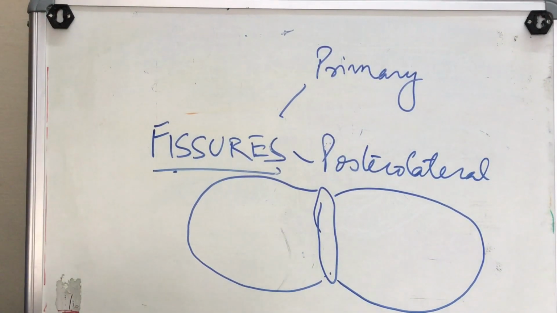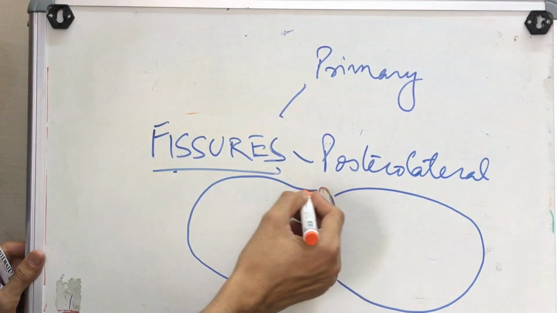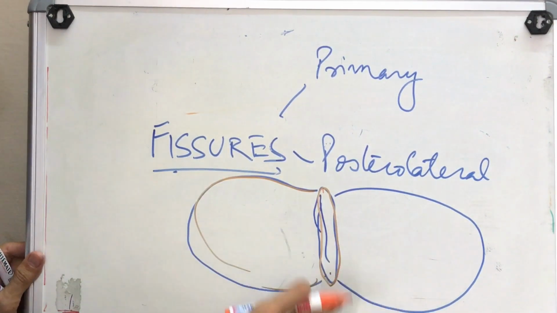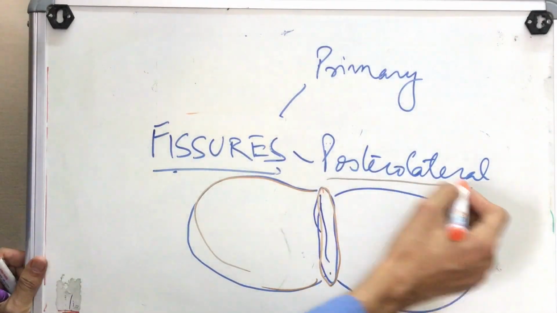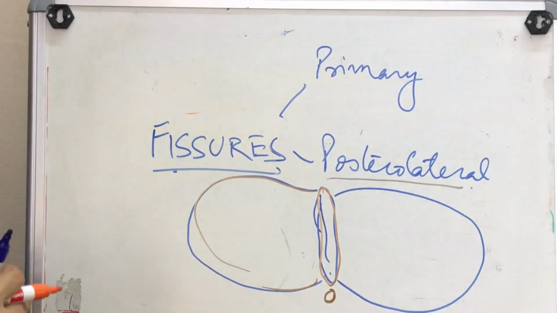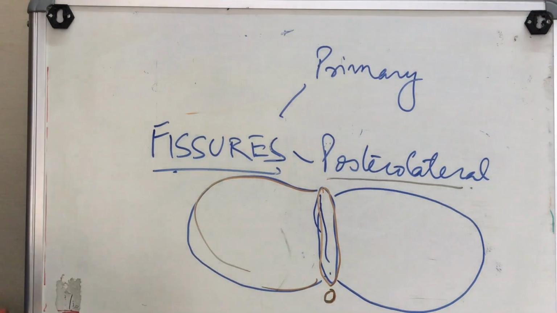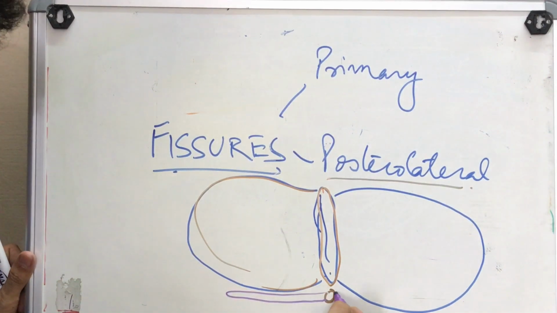So in the center, this is the vermis, and on each side of this vermis it has a cerebellar hemisphere. This posterolateral fissure separates out a bit of the vermis and a bit of these cerebellar hemispheres, like a slice of this cerebellar hemisphere and a slice of that cerebellar hemisphere.